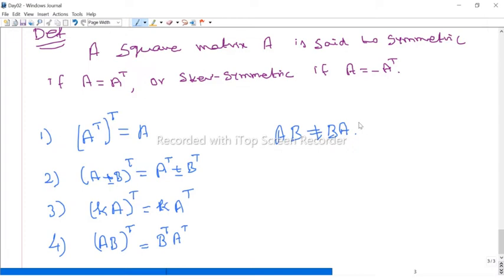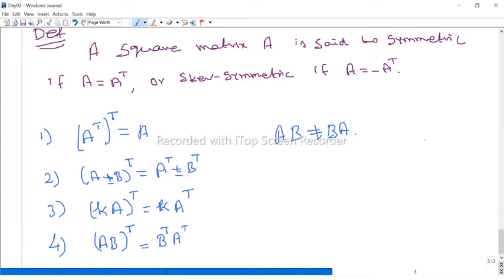So these are all the properties of transpose. A transpose transpose is nothing but A, and A plus or minus B transpose equals A transpose plus or minus B transpose. Now, using these properties, we can show that any matrix A can be written as the sum of a symmetric and a skew symmetric matrix.